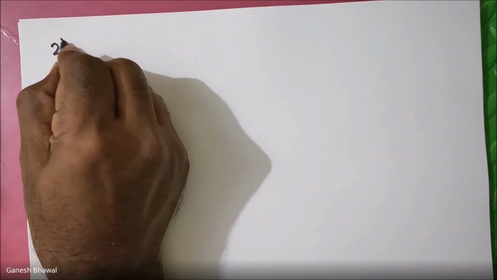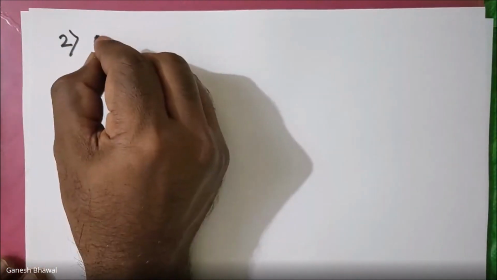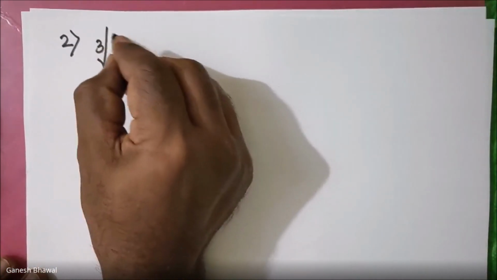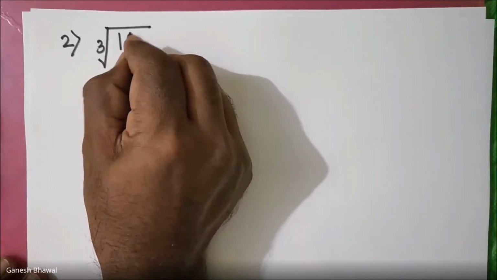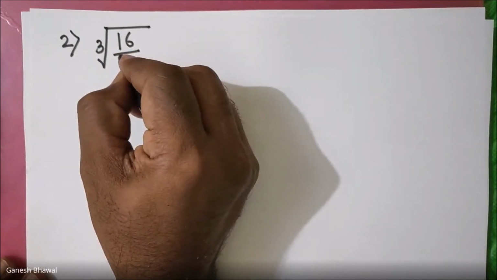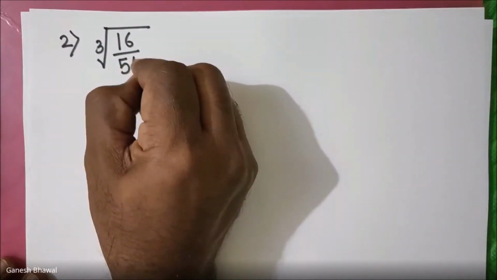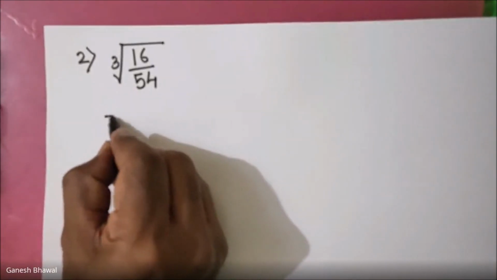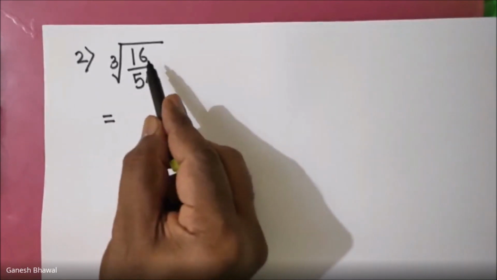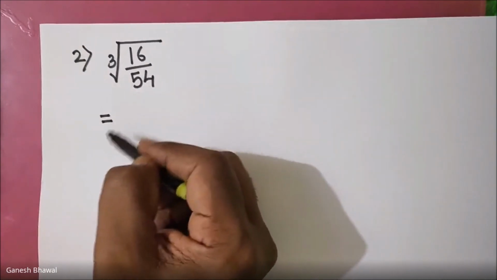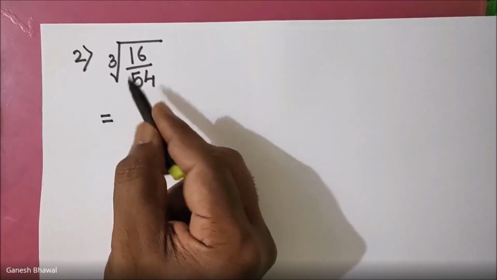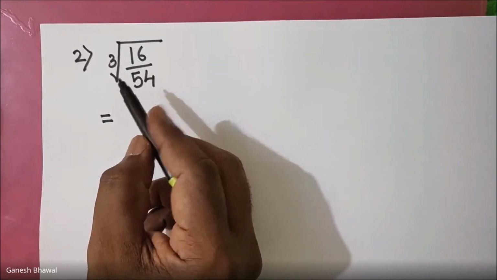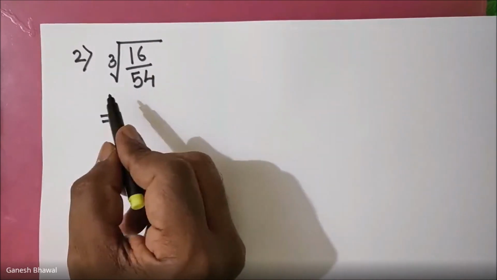Example number 2. Under cube root, 16 upon 54. To solve these sums we need to take the numerator first, then the denominator second, and find the factors of the given number.